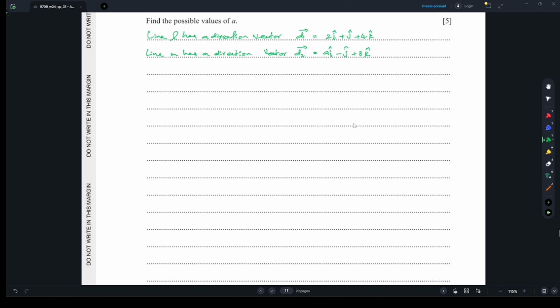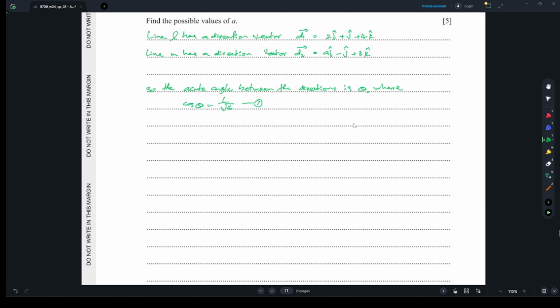Okay, so I will write: the acute angle between the directions is theta, where they gave us cos theta equals 1 over root 6.